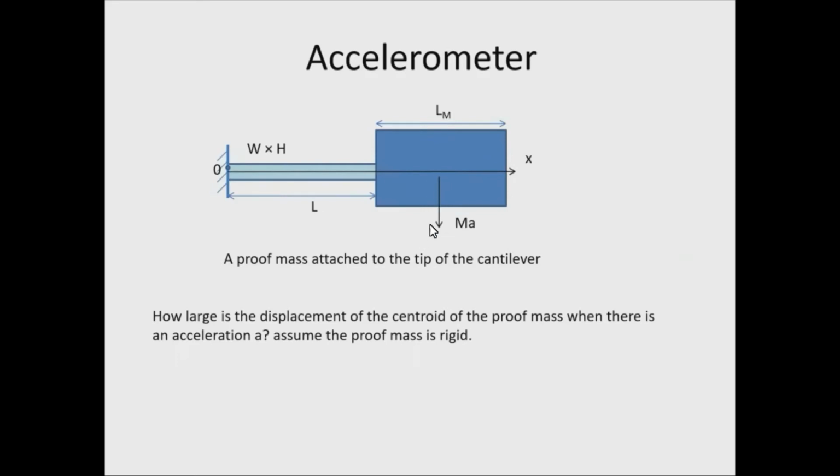F is equal to ma. This is based on Newton's second law. Then the proof mass will deflect downward, and thus the acceleration can be measured by measuring the displacement of the proof mass or the deflection of the cantilever.